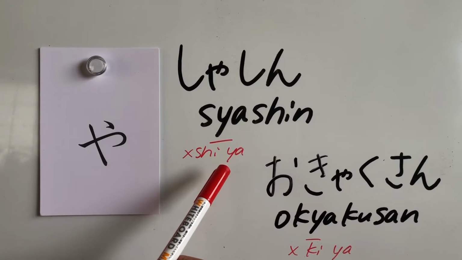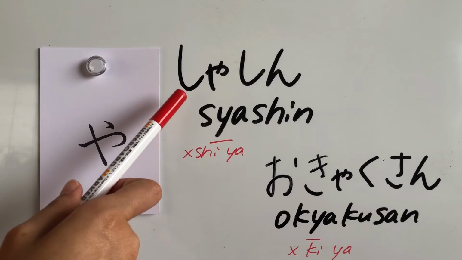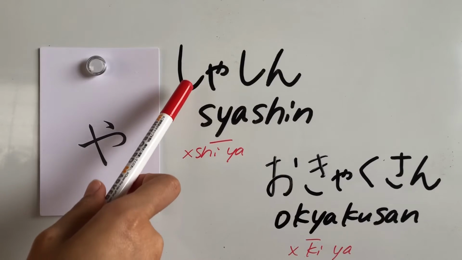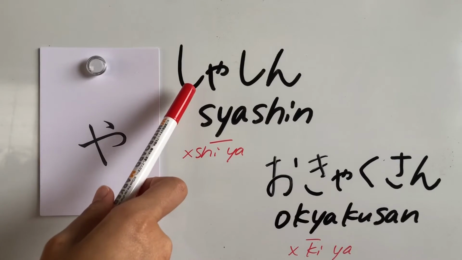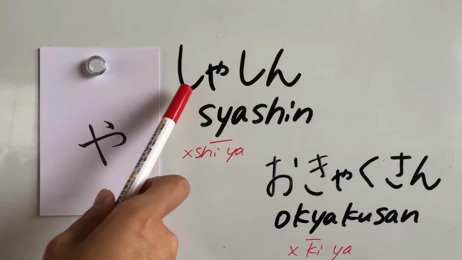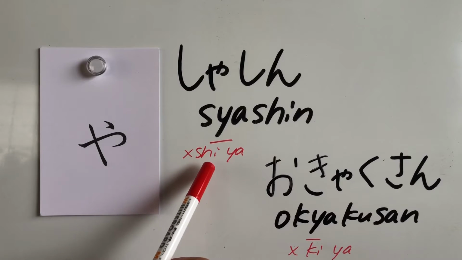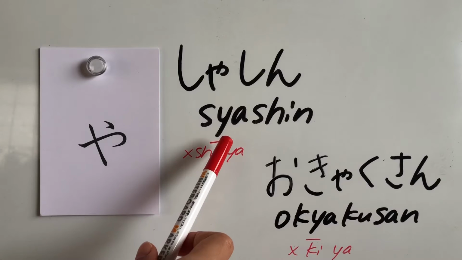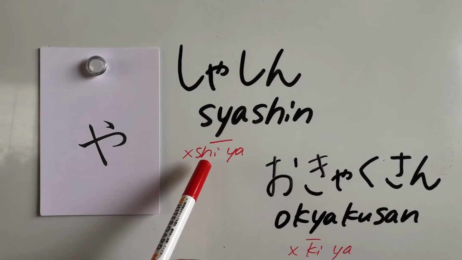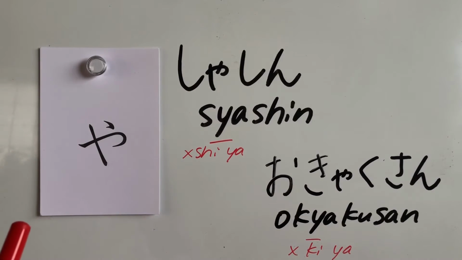So what's happening? Just focus on the letter one before. This pronunciation is shi, but you just remove the vowel of the letter before. Do you know what I mean?